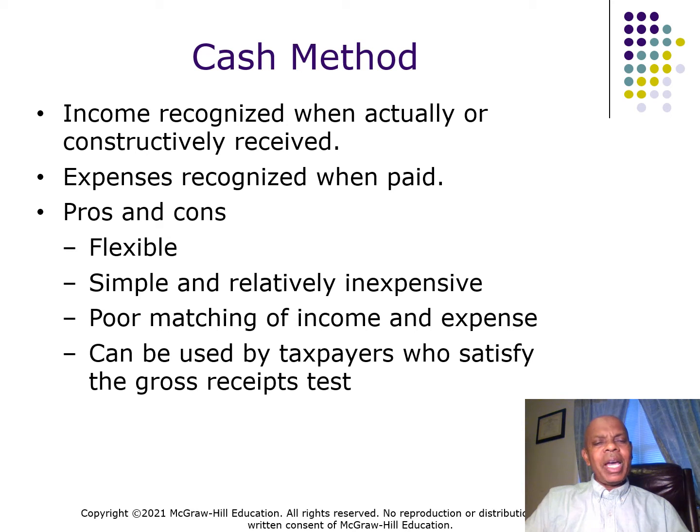But if you're using the cash method, you made a sale but you didn't collect the money yet, and there's a cost. You paid for the goods that you sold. So in that case, you have expenses but not the income that goes with those expenses. There's no matching, the poor matching. That's what it means. It can be used by taxpayers who satisfy the gross receipt test. Okay, that's the cash method.